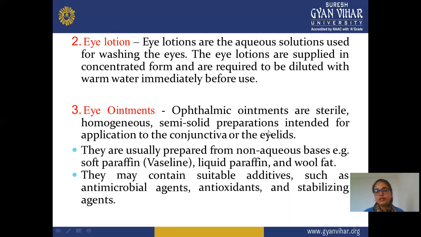And next, they may contain suitable additives such as antimicrobial agents, antioxidants, and stabilizing agents. So these are other excipients that you use for manufacturing of these ointments. It may be antioxidant or stabilizing agent or antimicrobial agents. These are the additives that you use for preparation of the eye ointment.